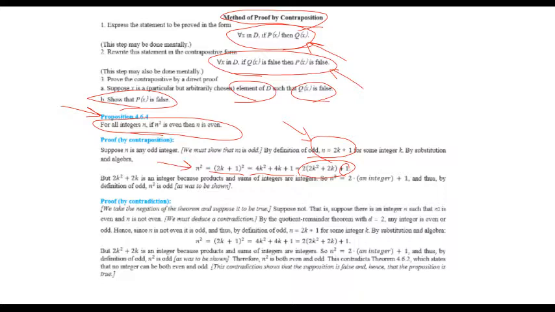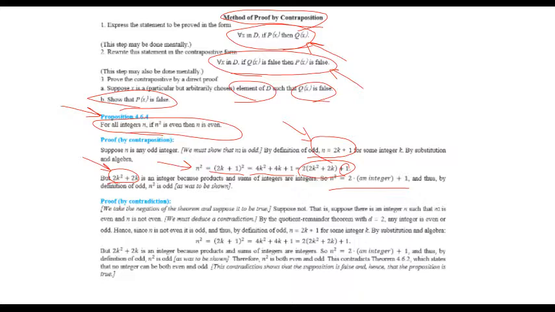But as we know, integers are closed under multiplication and summation, so 2k squared plus 2k is a new integer, right? We basically proved that n squared is equal to 2 times an integer, where that integer is equal to 2k squared plus 2k, but who cares? 2k squared plus 2k is also an integer.